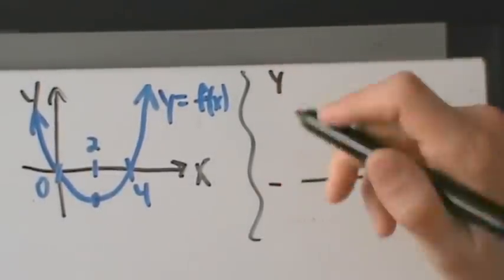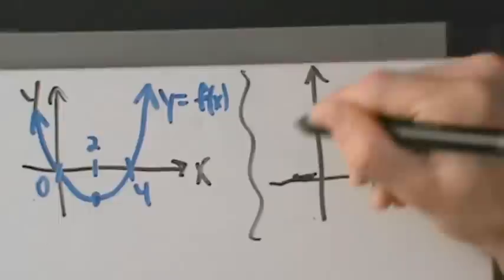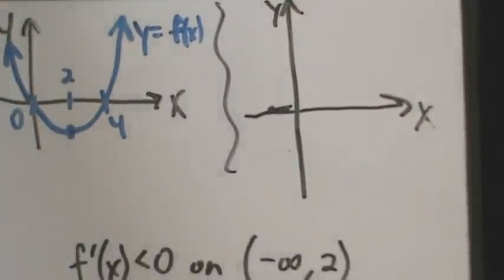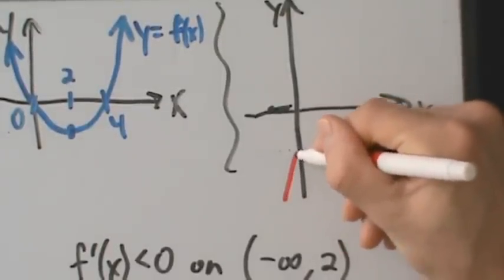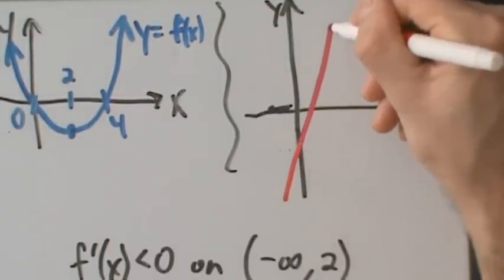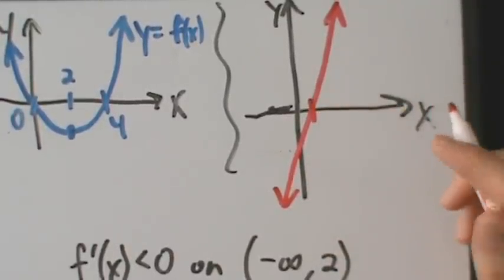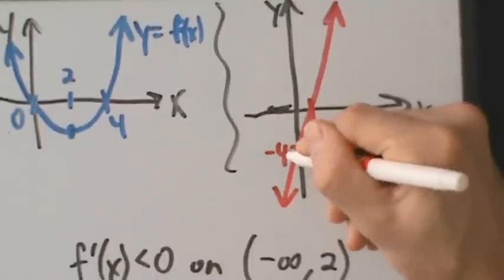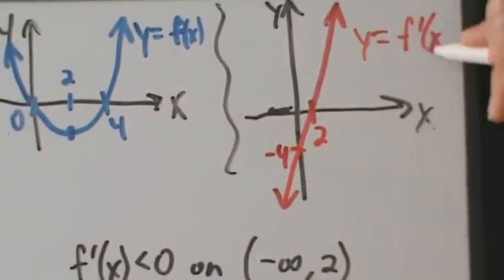I guess maybe we should move that over just a bit. 2x minus 4 is just a straight line with slope 2, pushed down 4. So it's something like that. Really not to scale. This is the point where x equals 2, and then this is negative 4 down here. Anyway, this is y equals f prime of x.